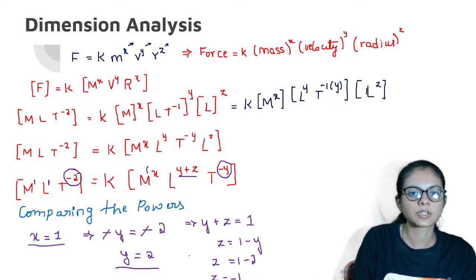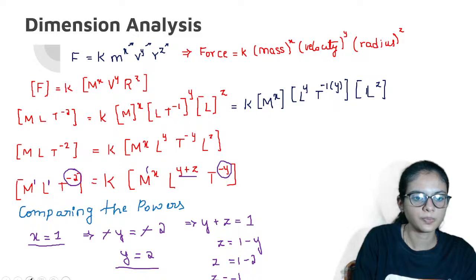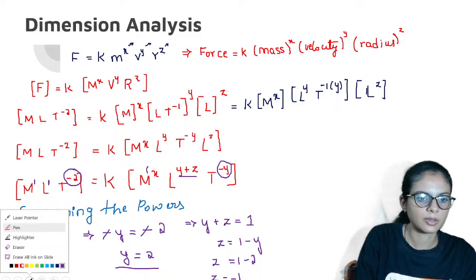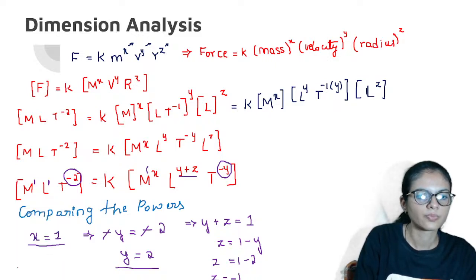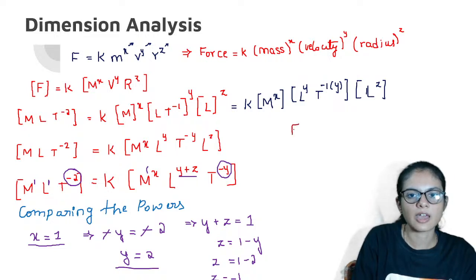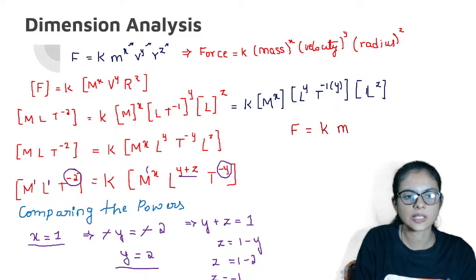So now if I substitute it in the given equation, let me take some other color here. It is given F is equal to k m power x. X is nothing but 1. I will just leave it as it is. Into v power y, that is 2. Into r power minus 1.